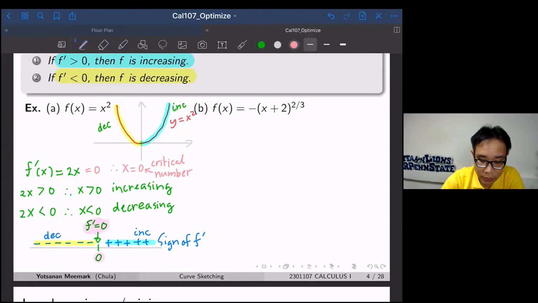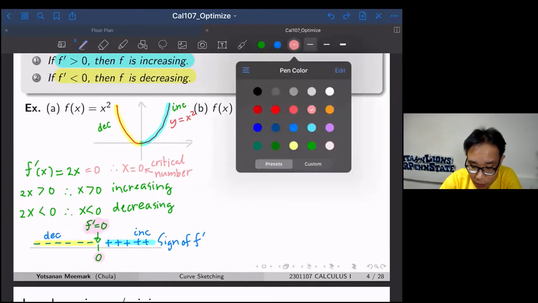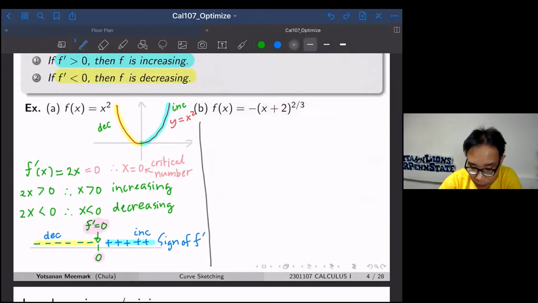The next one, you have f of x equal to negative, x plus 2 to the 2/3. In this case, you're going to differentiate this one first. Let me separate this one a little bit.